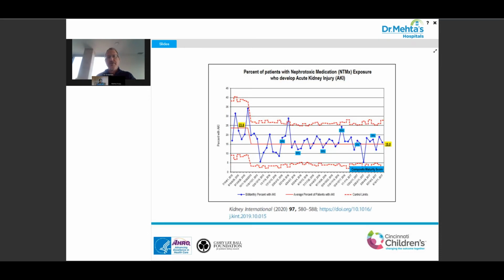This shows you that we decrease the AKI rate in exposed patients by about 30%. But we still have 1 out of 6 patients who are exposed in one of those 2 ways getting AKI. So we need to understand other factors that may be contributing to the acute kidney injury in the exposed patients.